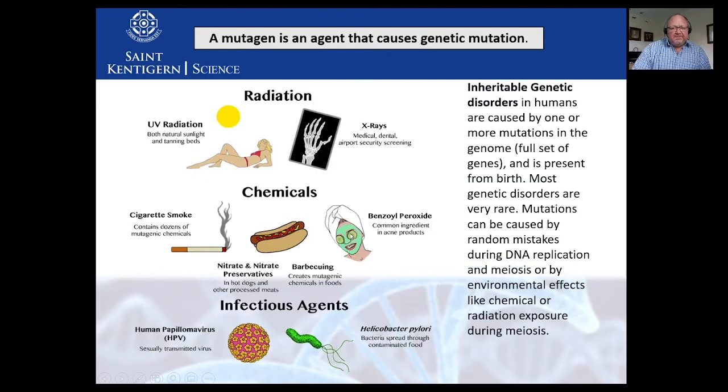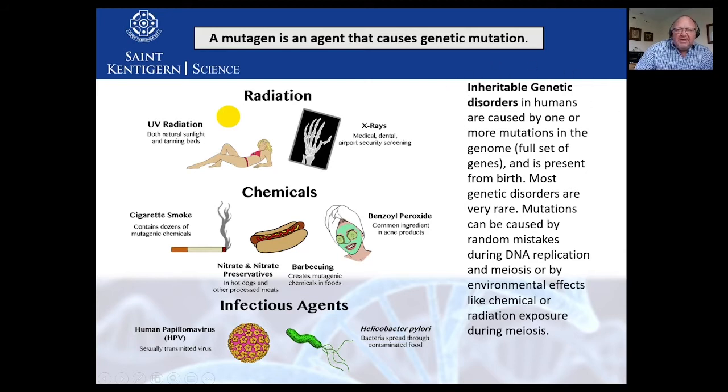We've talked about that. So here are some mutagens. A mutagen is a mutation causing agent. Okay, so if we talk about inheritable genetic disorders, this is done in the gamete. You get that from your mom and your dad.